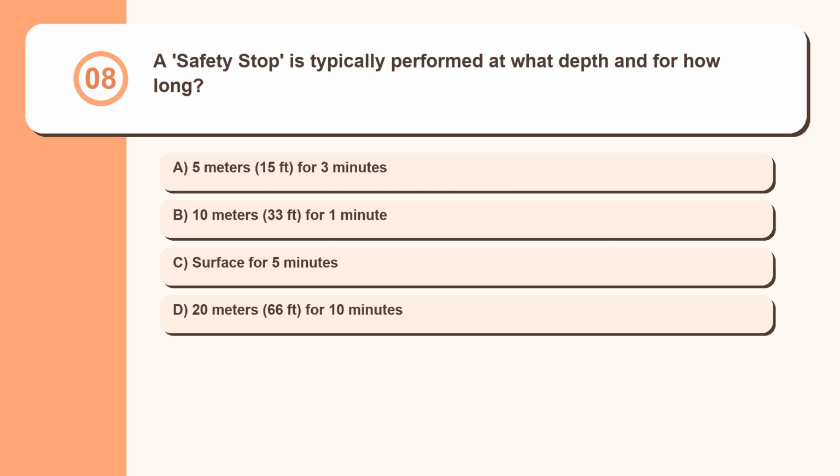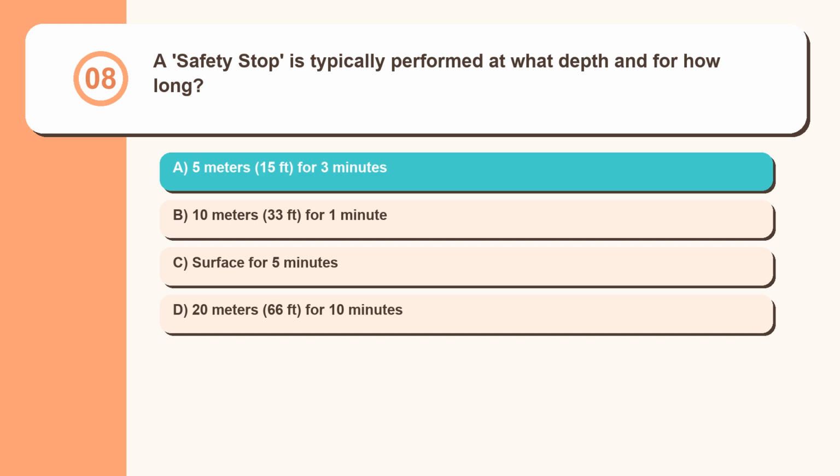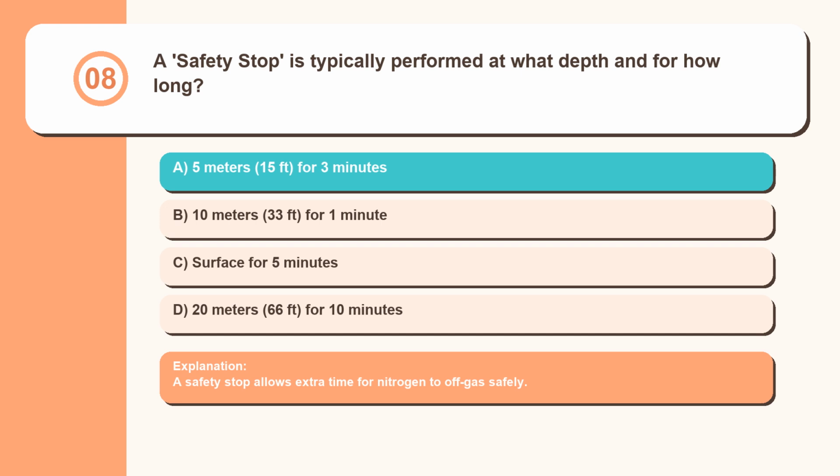Question 8. A safety stop is typically performed at what depth and for how long? 5 meters, 15 feet, for 3 minutes, 10 meters, 33 feet, for 1 minute, surface for 5 minutes, 20 meters, 66 feet, for 10 minutes. A safety stop allows extra time for nitrogen to off-gas safely. Question 9.